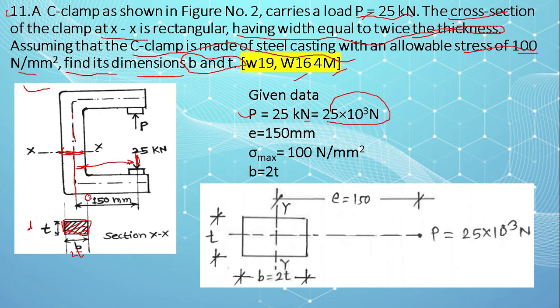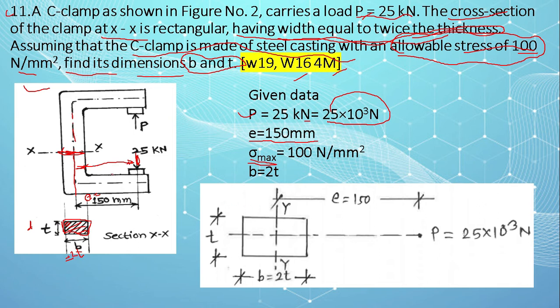So in this case our eccentricity is equal to 150. Allowable stress is 100. Allowable means maximum permissible, and maximum permissible means sigma max. Sigma max is 100 Newton per mm square. And here they have given the width equal to twice the thickness. Therefore B is equal to 2t.